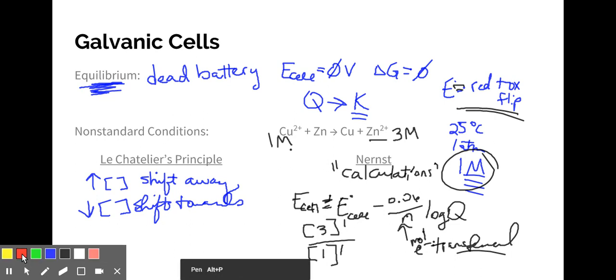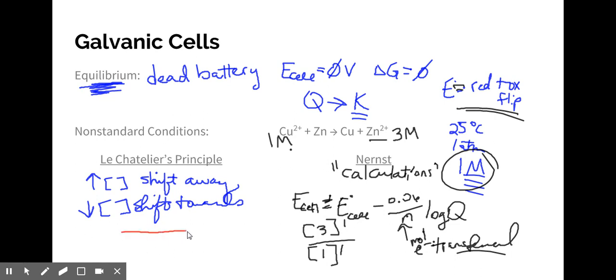Now, as a result, anytime I shift to my product side, what that is causing is my E cell to increase. And so what that means is that the new non-standard E cell is going to be greater than the standard E cell, that little not symbol, that little 0 that's raised to a power, that is standing for standard conditions. So this new non-standard E cell is going to be greater than what I would calculate from my standard conditions.